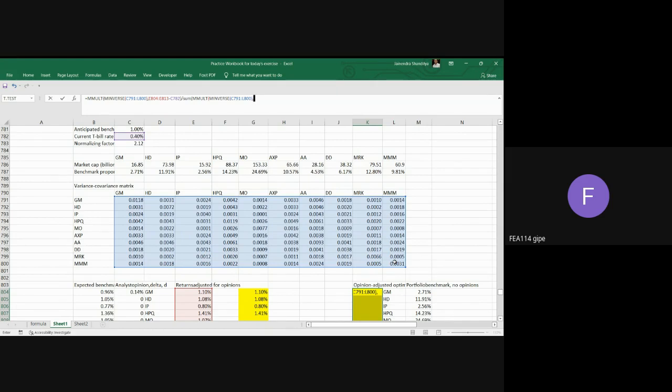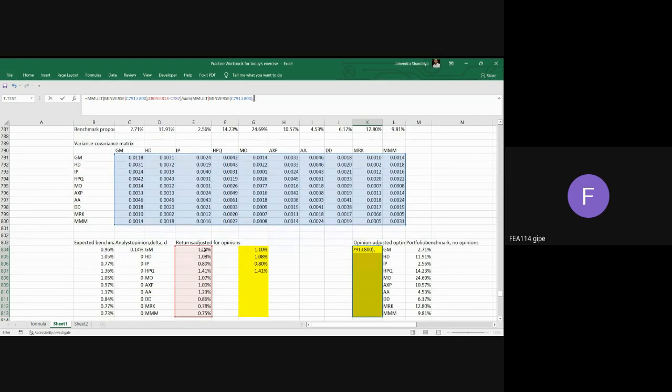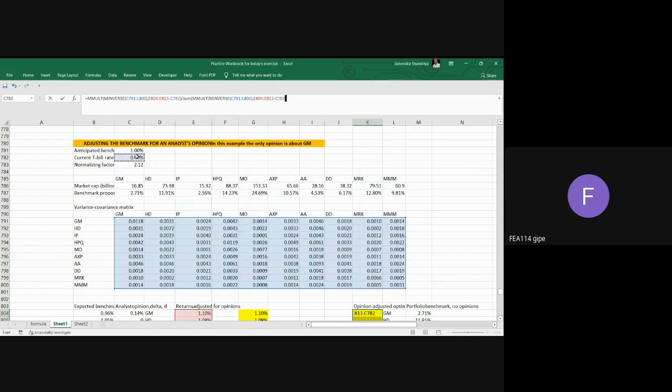Then I close this bracket because the first operation will be the inverse of the variance covariance. Then I need the benchmark return adjusted for opinion. So this is this. And then from here I need to subtract the risk-free return, which is 0.40. Then I close this. Now the important thing is how many brackets I need to close.